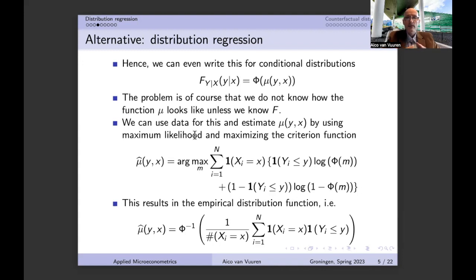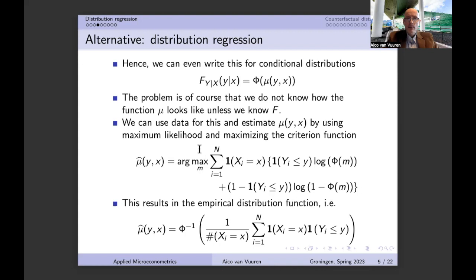Suppose that we have an x which is discrete, for example, a dummy variable, where x can take only two values, either somebody is a woman or a man, and then what we could do in that particular situation is divide our data set into the two different values of the dummy variable, 0 and 1, and then we could maximize this criterion function that we have over here. This is going to be the criterion function that we get at the moment that we want to estimate this mu hat that we have over here.